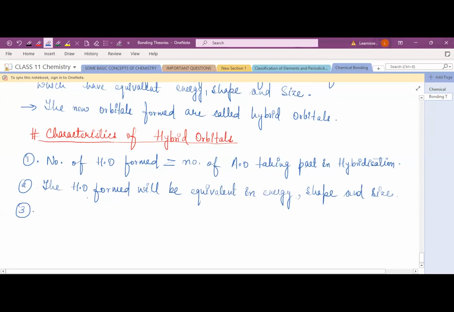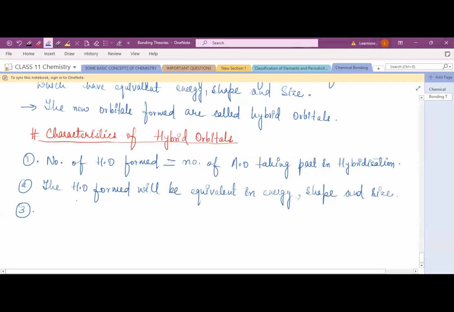Third point. As we have discussed in the previous class, atomic orbitals sometimes feel some repulsion. Between the orbitals there is some repulsion, and due to the repulsion, the formation of bond may not take place.